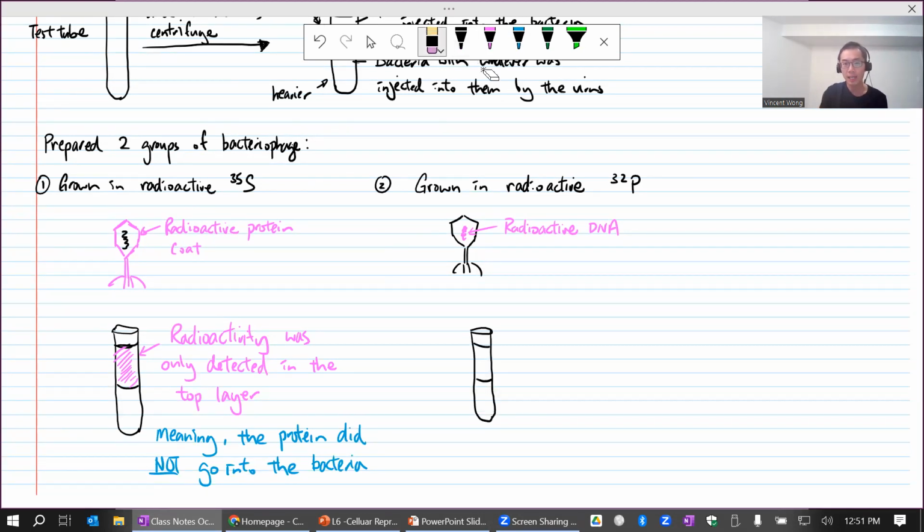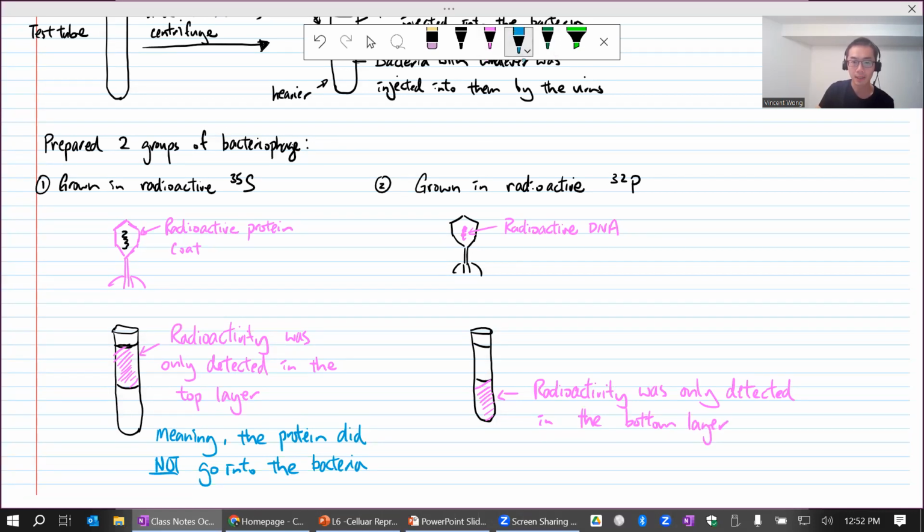Okay? They only label the DNA this time. And since the DNA we know is the molecule that went from the virus into the bacteria, right? In this case, the radioactivity was only detected in the bottom layer.